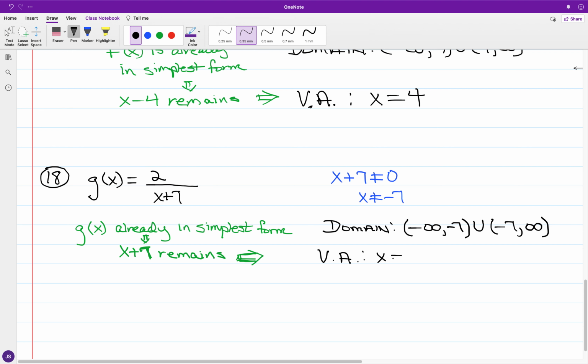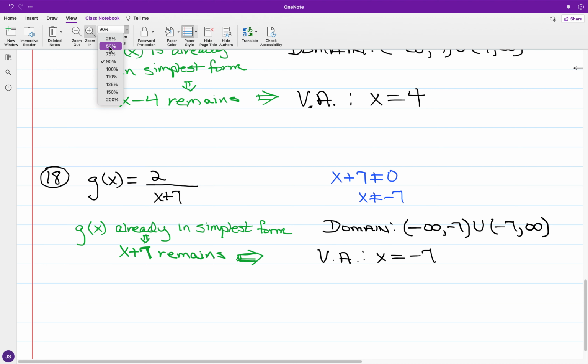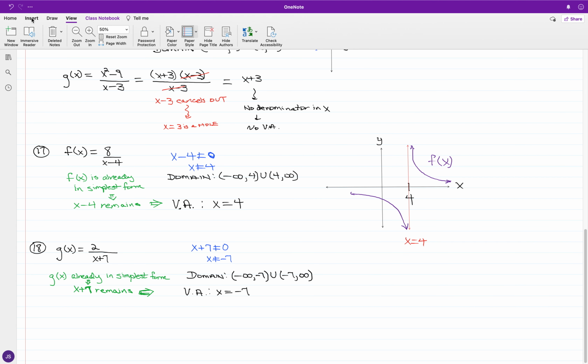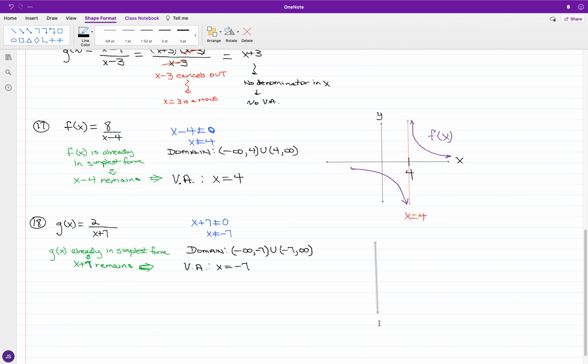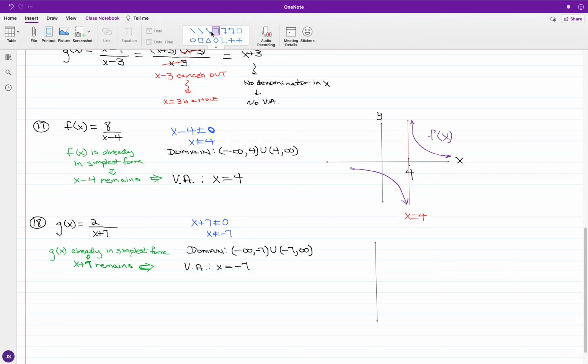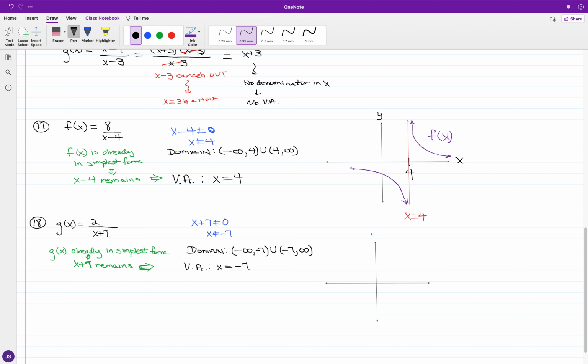Whereupon the vertical asymptote has to be at x is equal to negative 7.